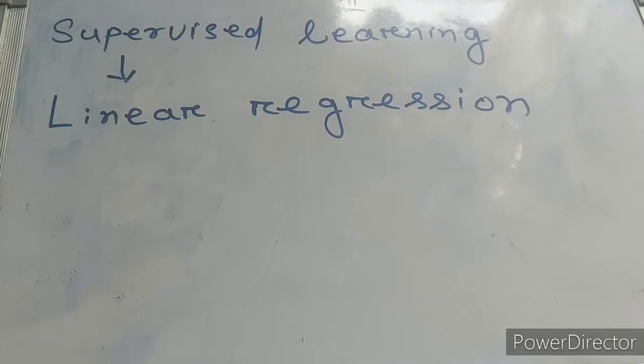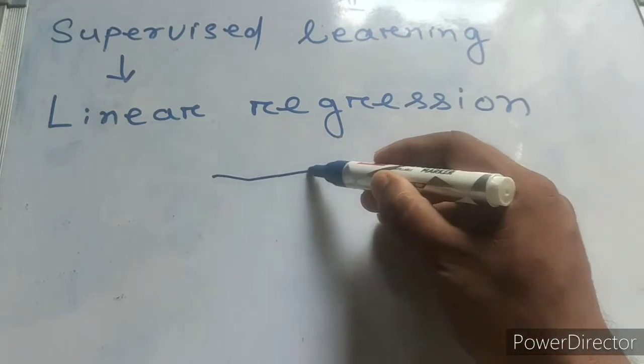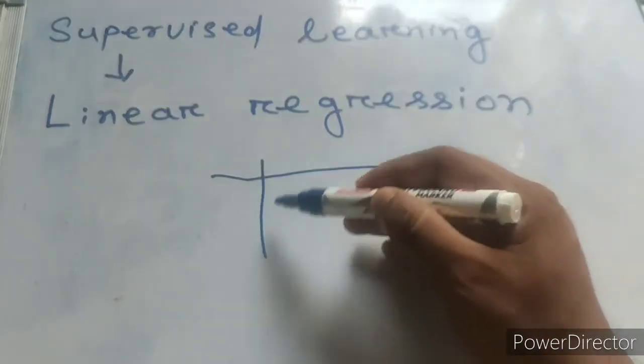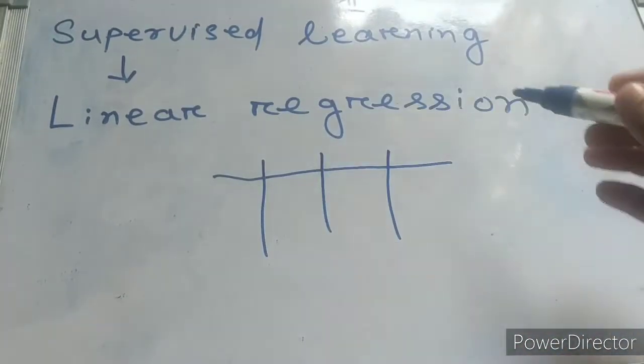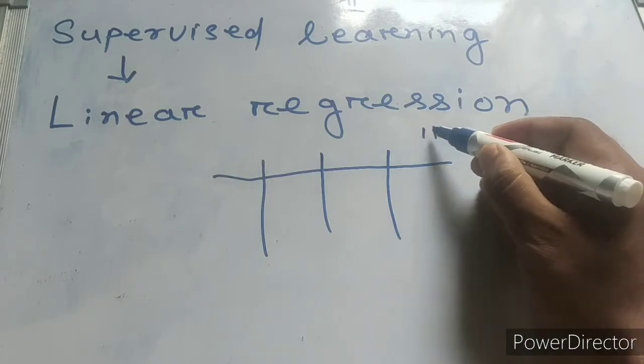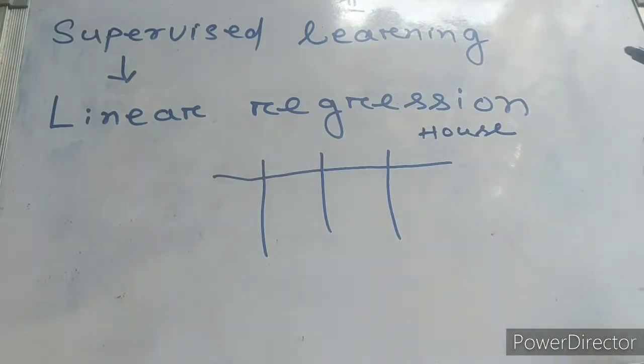Before proceeding to understand the algorithm, we need to understand what the independent variables are and what the dependent variable is. Suppose there is a data set and various columns are present. This data set is a house data set.